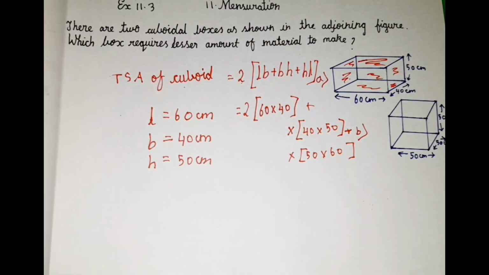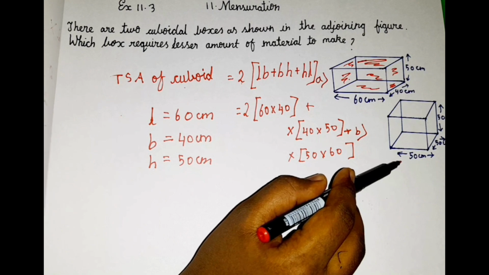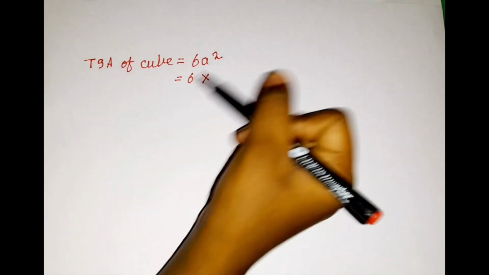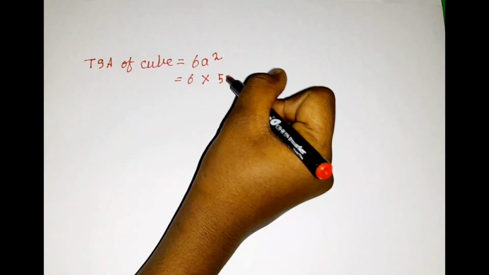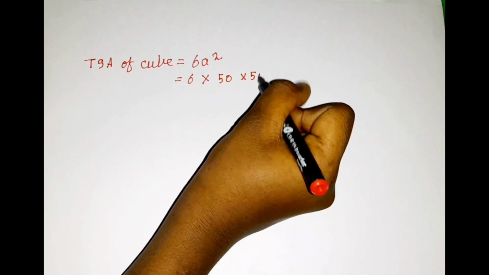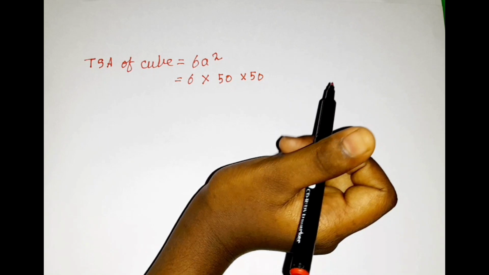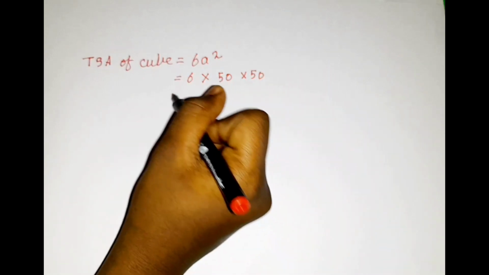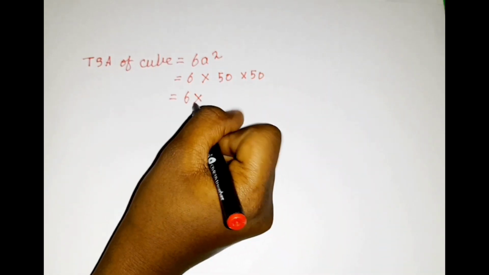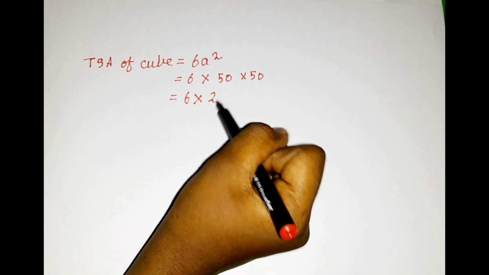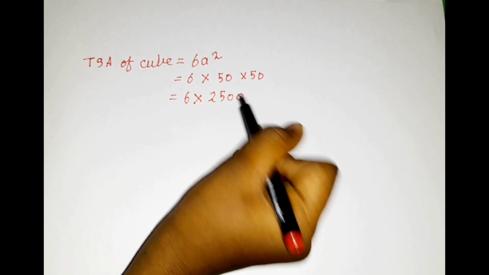Let's check it out. So the side value is 50 centimeter. So into 50 into 50, because a square, that's why 50 into 50. So now we shall solve this. 6 into, so 5 5s are 25, am I right? So 2500.